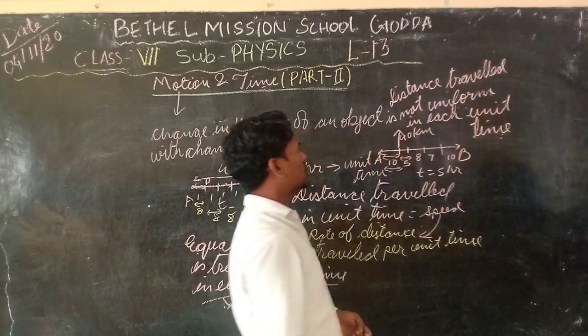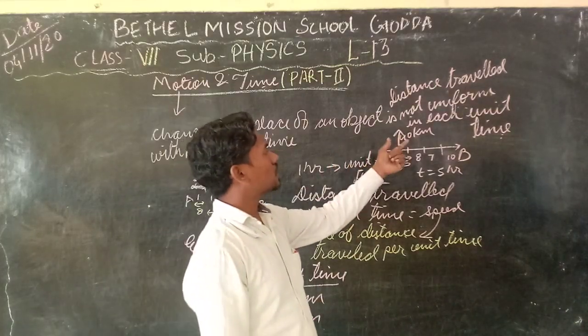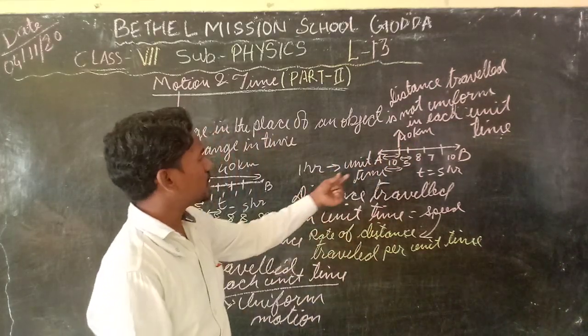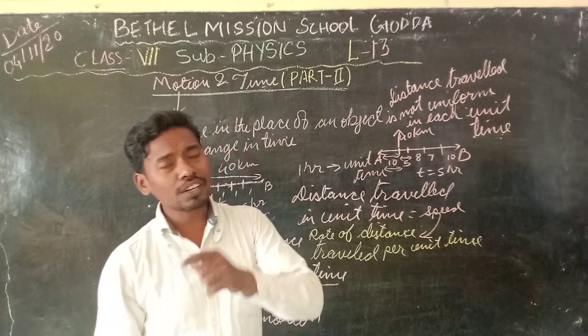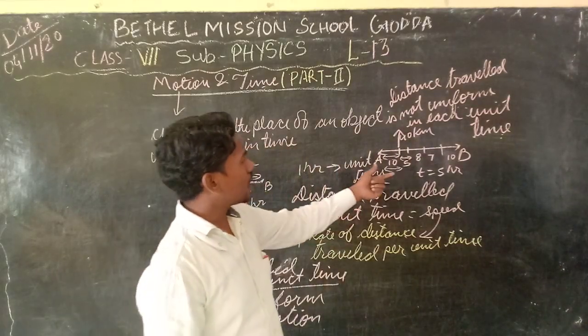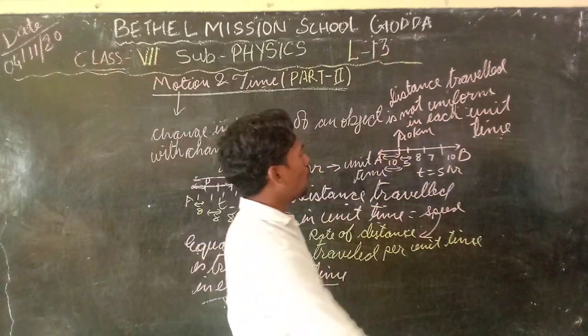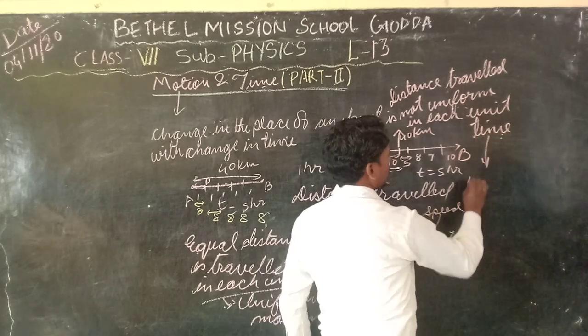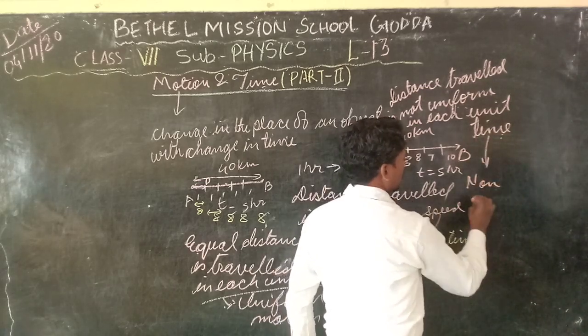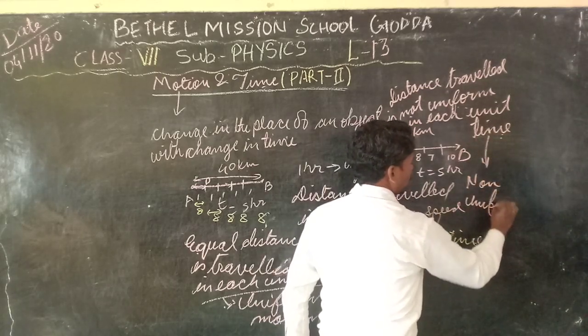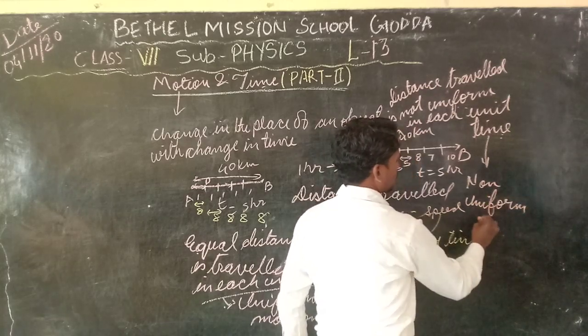In each unit time, the distance traveled is not uniform. That means different distances are traveled in equal intervals of time. So in that case, this type of motion is called non-uniform motion. What is it called? Non-uniform motion.